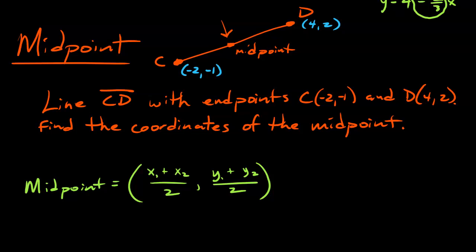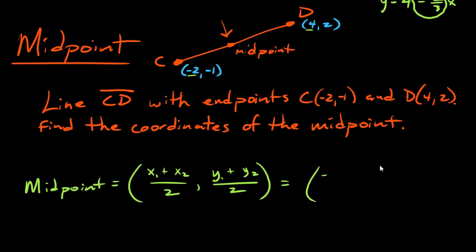I have seen some people just look at individual numbers, -2 and 4, and try to find the number that is directly in the middle. And it works. This formula does the same thing. So whichever way you prefer, go for it.